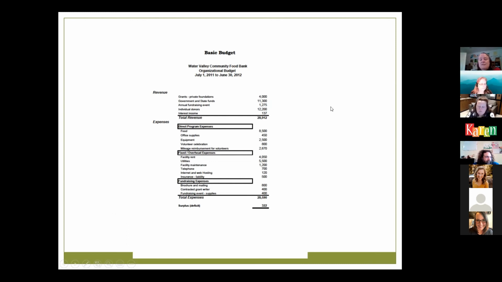So for this organization, we're just looking at cash, and it looks like they bring in about 28,000, and that they spend about that amount, and that they have a little bit of surplus predicted for the next year. But is this really a good story of what this organization is doing?